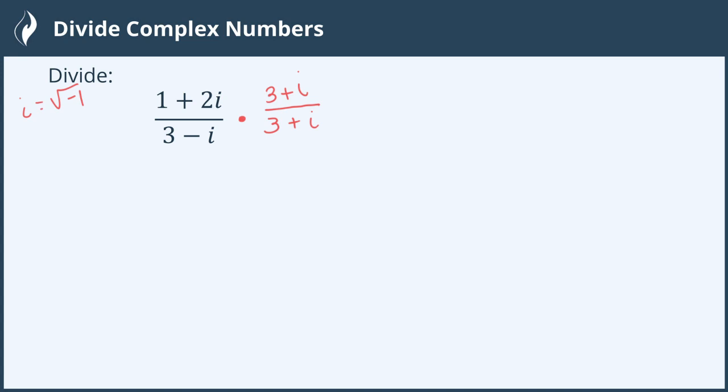So then what that works out to be is, on the top, 1 plus 2i times 3 plus i, and on the bottom, 3 minus i times 3 plus i.